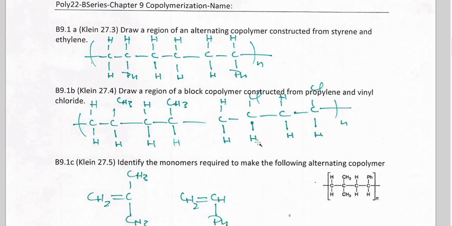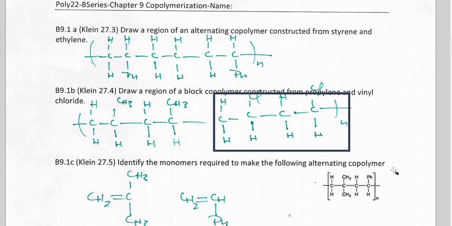Now, in example B, we were asked to look at the block copolymers. The block copolymer, if you remember, is when we have one series of mers from one monomer and that repeats with the second one. So if you look at this example here, we propose to use propylene, and then we add to propylene the vinyl chloride.